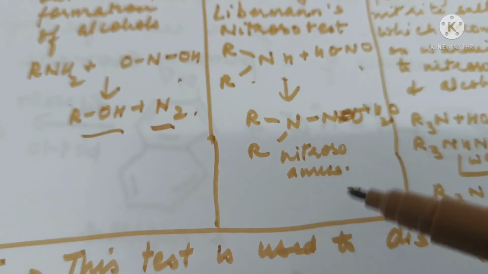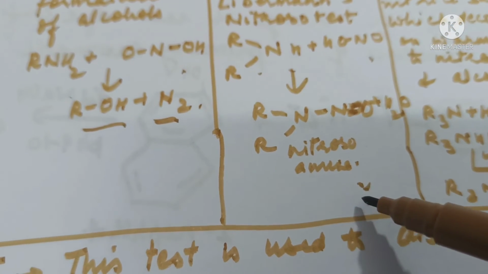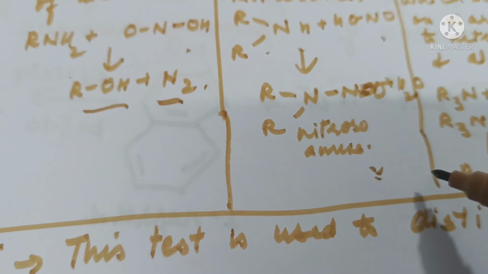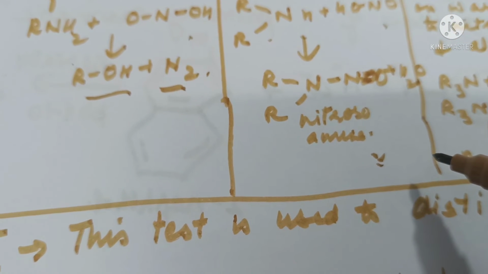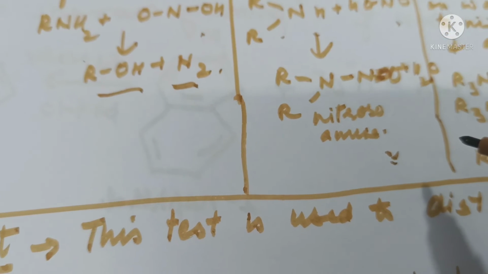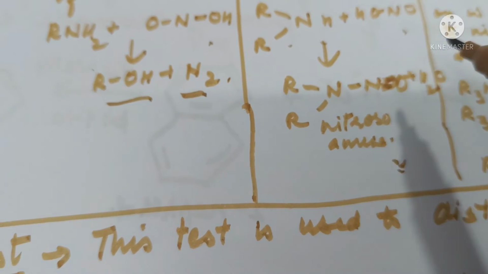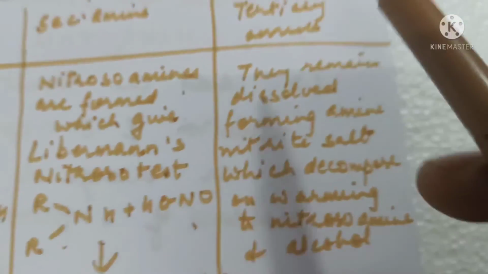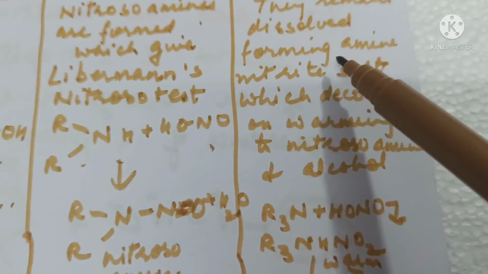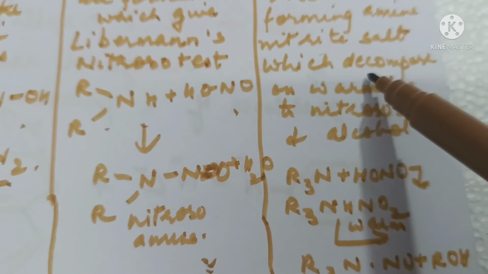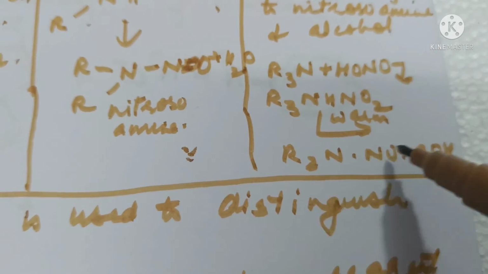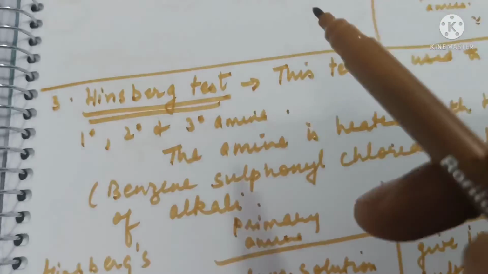In Liebermann's test, they will give a green solution when warmed with phenol and concentrated sulfuric acid. On dilution with water, color changes to red, and on addition of sodium hydroxide, color changes to greenish blue to violet. Tertiary amines dissolve, forming amine nitrite salts, which decompose on warming, and nitrosamine and alcohols are formed.